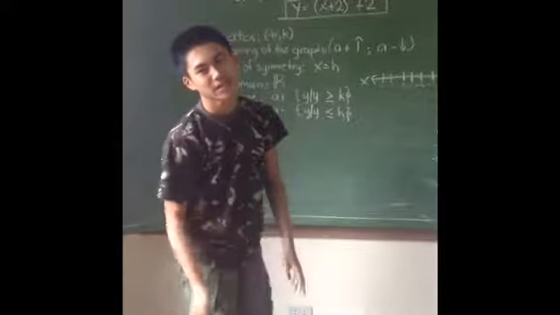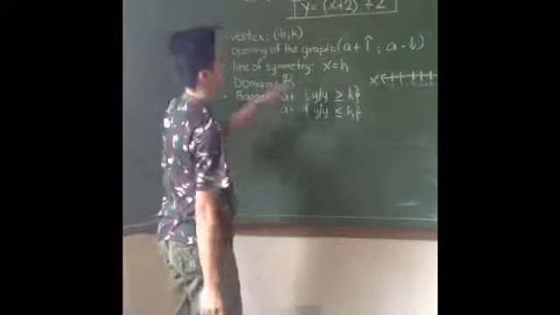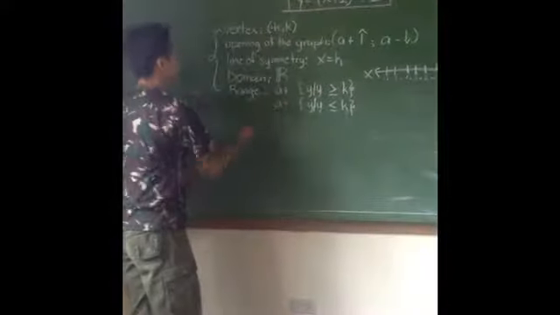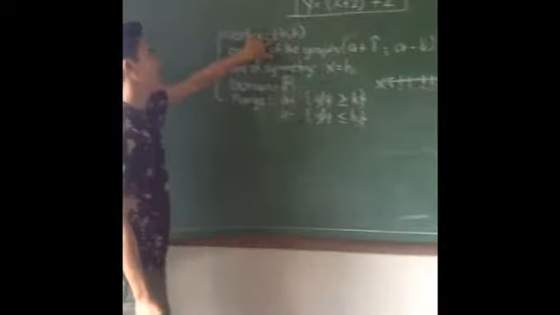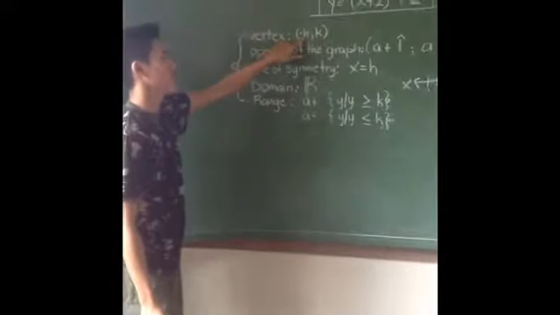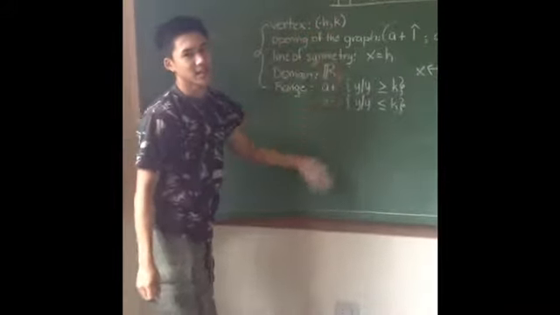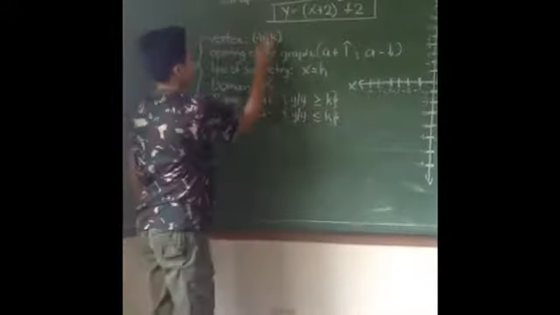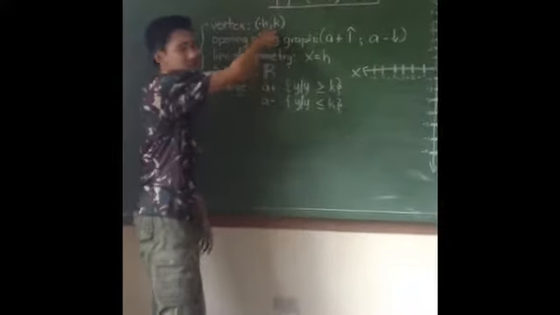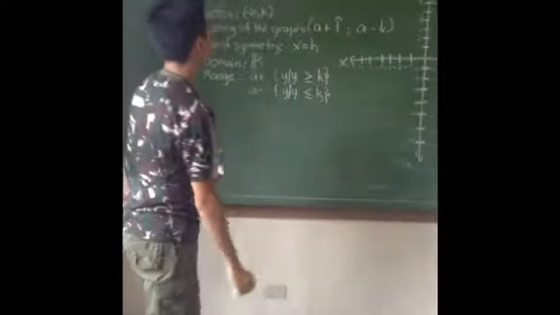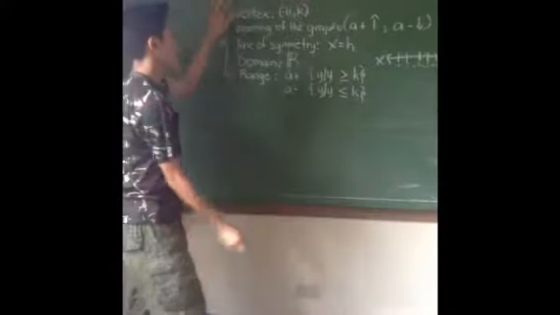In the vertex form, the vertex can be negative h, k or h, k, where negative h is the variable x and k is the variable y. Now, in getting the vertex, this is the form.